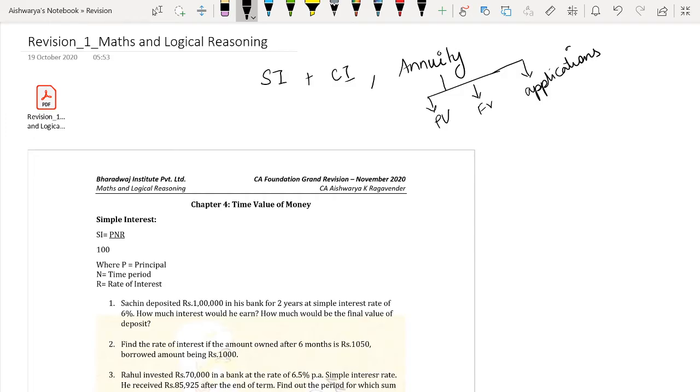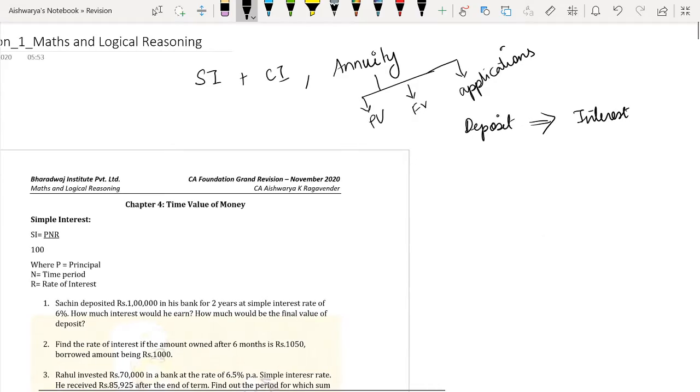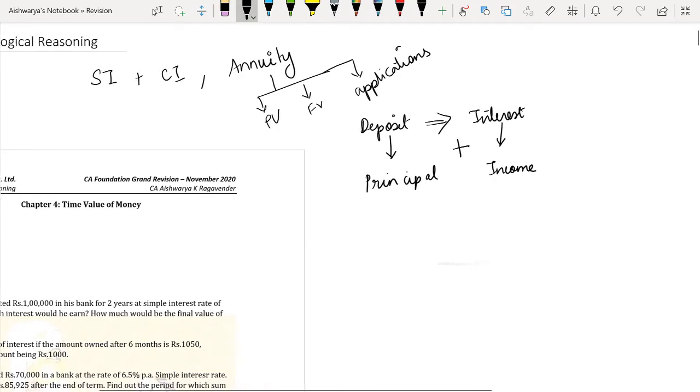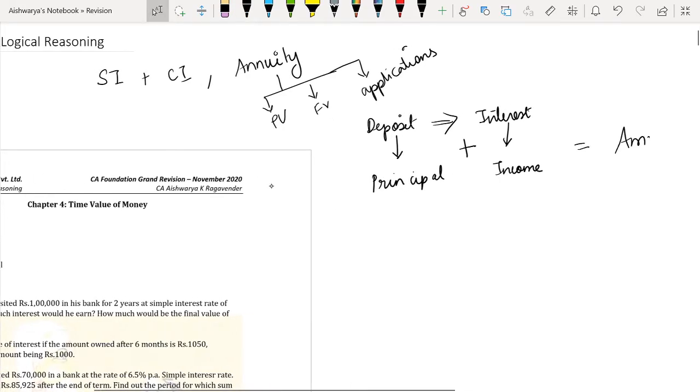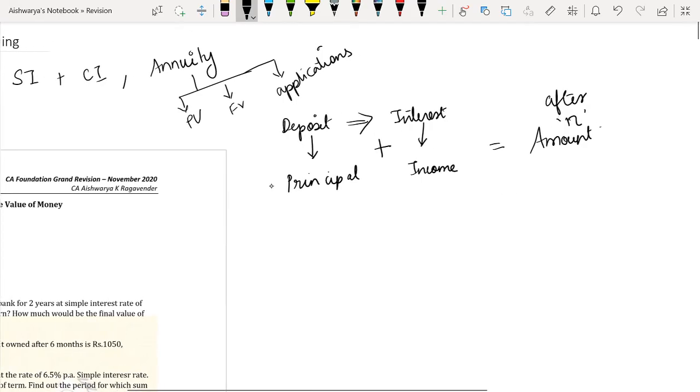See, whenever you deposit any money in a bank or anywhere, you will earn some interest on it. What you deposit initially is called the principal. This interest is nothing but your income. Both put together will give you your amount after n number of years.